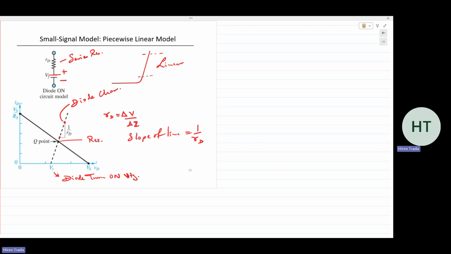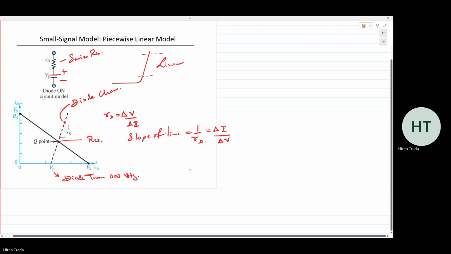Slope of the line, 1 over RD. So that becomes delta I over delta V.